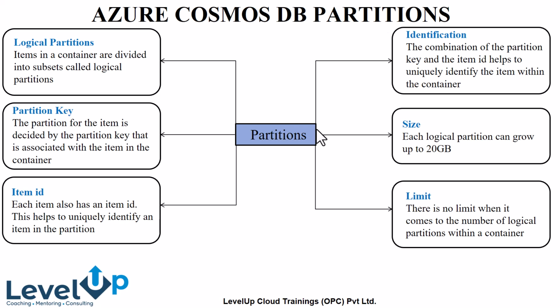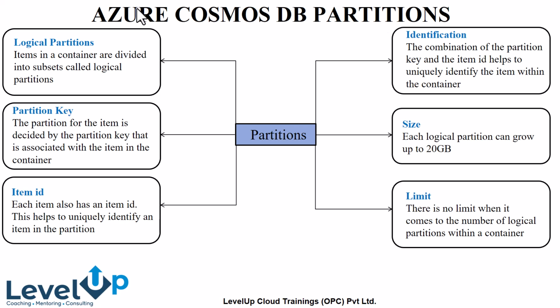And there is something called an item ID. Each item also has an item ID. This helps us to uniquely identify an item in the partition. Now, who gives this item ID? As soon as you upload an item to Azure Cosmos DB, it automatically creates an item ID for every item that is put onto Cosmos DB. And there is something called identification.